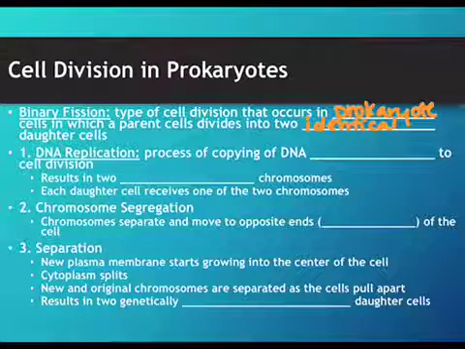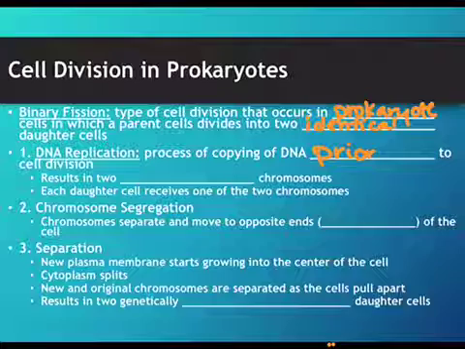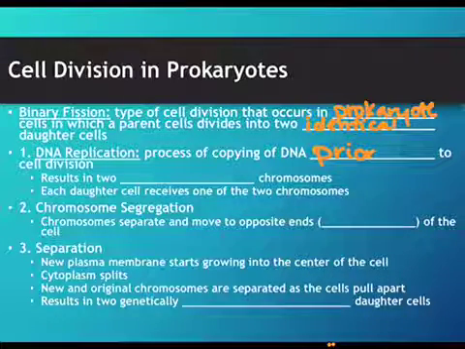And so there's kind of 3 steps to cell division. The first step is the DNA replication, and this is a process of copying DNA prior to cell division. So this DNA replication has to happen before the cell divides.